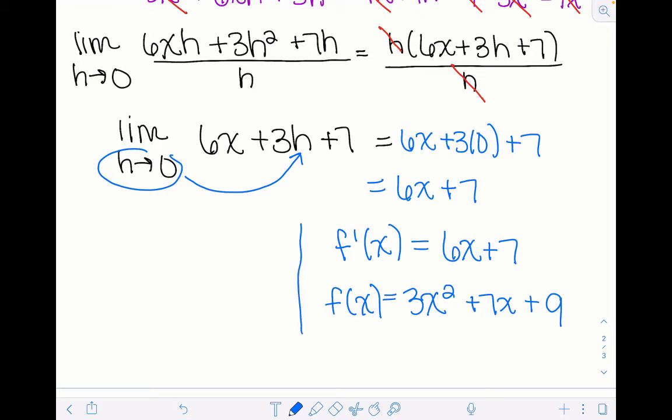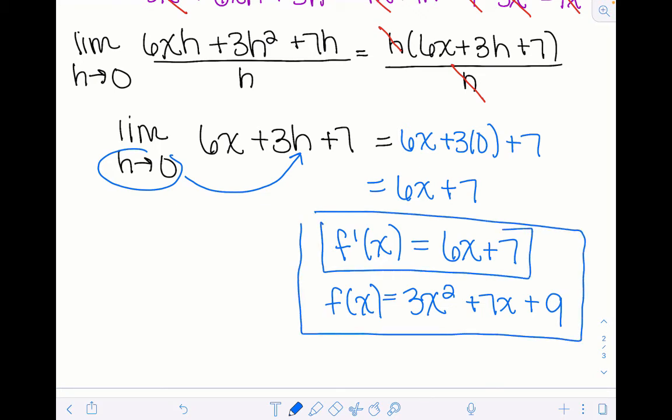So what this means is that now we've found this equation where if we want to find the slope at any point on the original function, we can just plug it into this derivative function. So how is f of x changing at x is equal to 2? Well, then we could plug in 2 into the derivative and it'll tell us how the function is changing at that point, x is equal to 2.